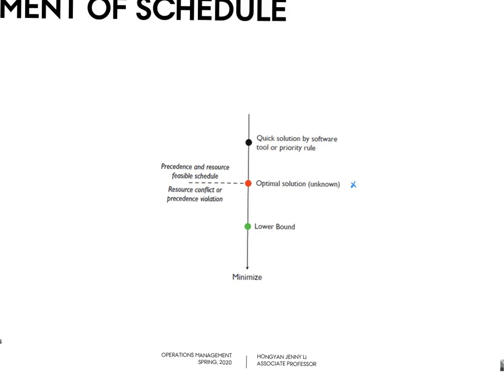Here the heuristics are normally considered a feasible solution. A heuristic solution is normally feasible, but probably not optimal, so it should be greater than or equal to optimal. This relationship shows how you can improve.